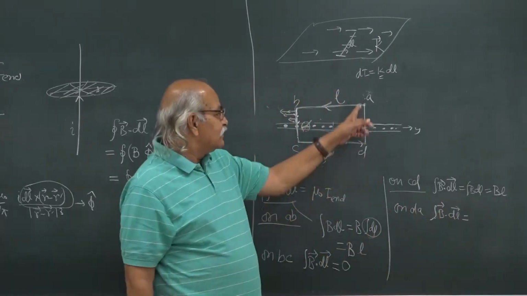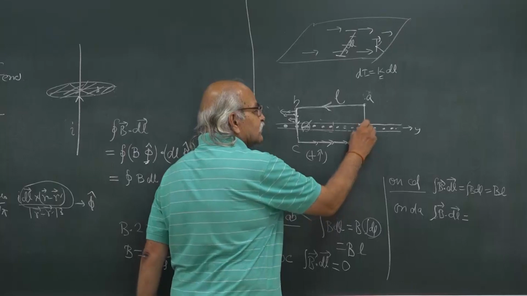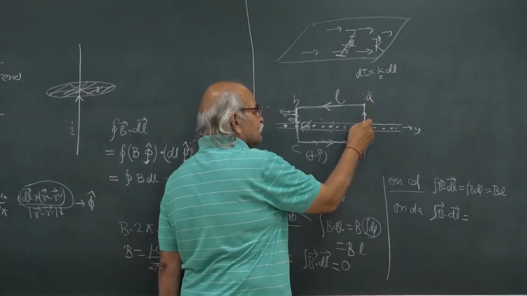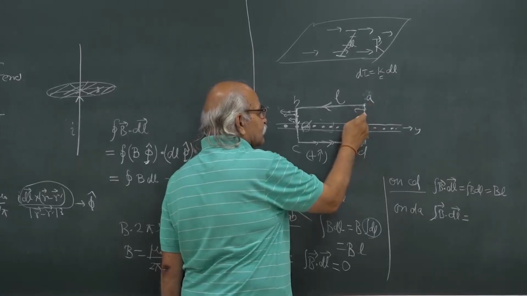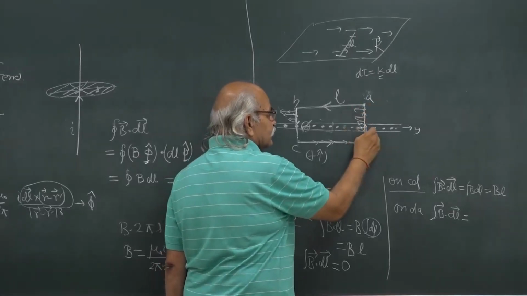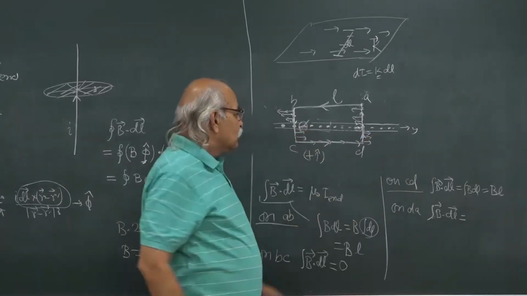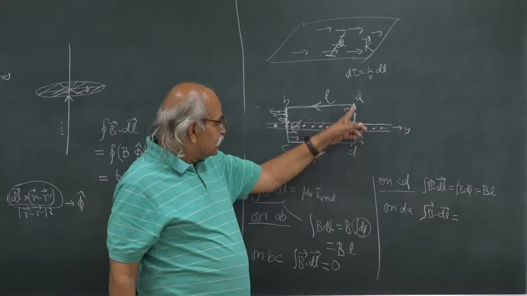this integration is 0, B dot dl is 0. On DA, these are dl's, this is dl, this is dl, this is dl, this is dl, and here the magnetic field is in this direction and here it is in this direction. Okay, so on this it is 0.